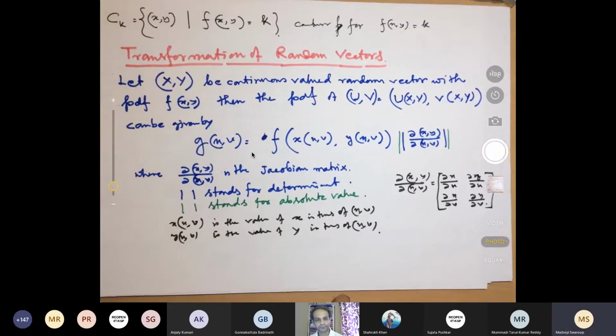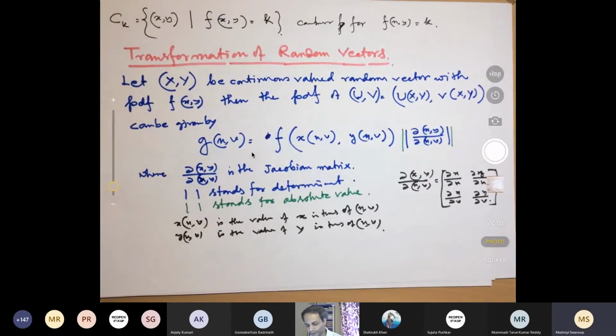Is it the gradient? It is eventually a gradient type of thing, but let me try to explain with a simple example. Let us consider a transformation from R2 to R2.